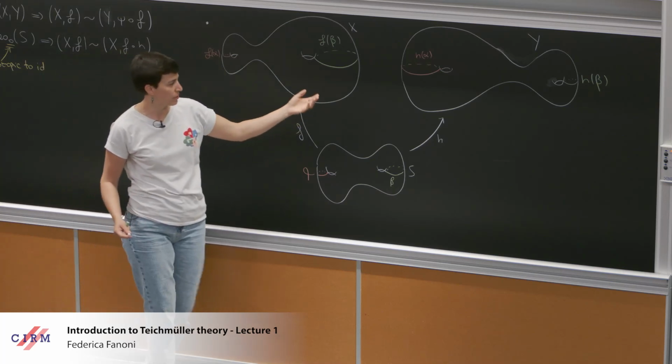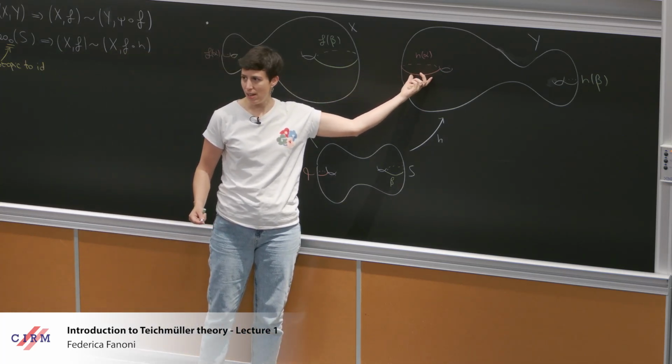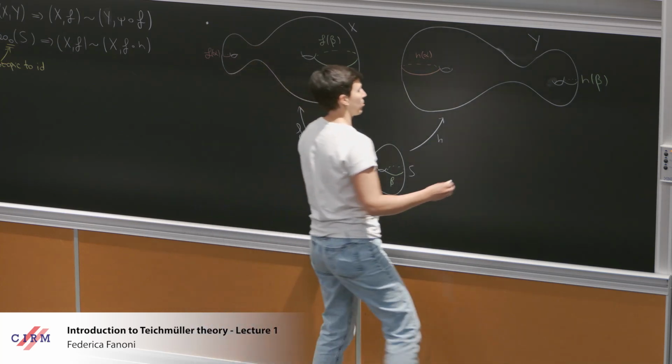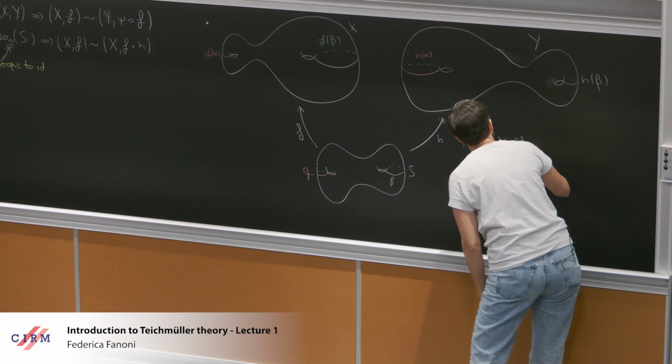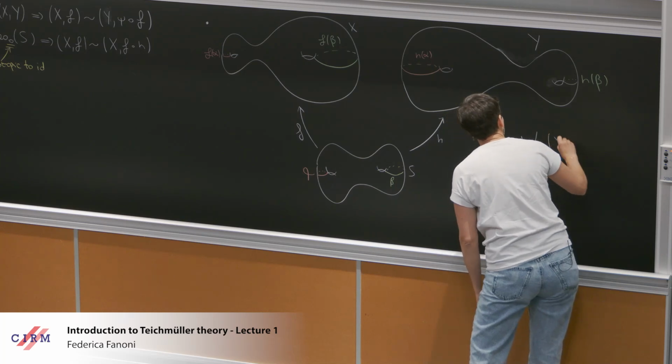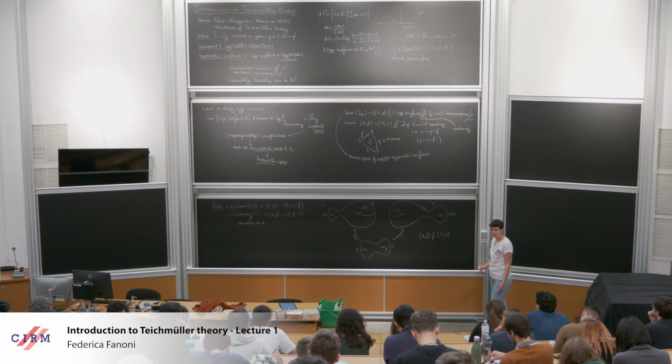This is not going to be sent to something of the same length as the curve there. So what I'm trying to say here is that the pairs X,F and the pairs Y,H are not going to be the same in Teichmüller space.